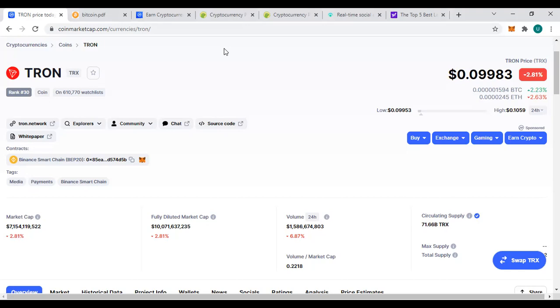I wanted to know the year that Tron had the lowest market capitalization, right? So in this CoinMarketCap, there is a lot of information stored here. The lower the market capitalization, the lower the price.